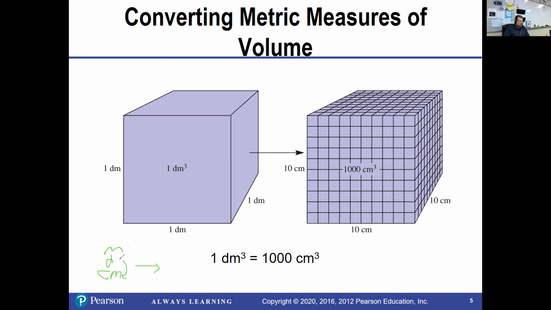One place linear is 1 decimal place, but in volume, it's cubed. So instead of 1 going down, every 1 space you go down, you actually go down 3. So you move the decimal over 3 places, and I get 1,000. Remember, if I'm going to a smaller unit, I'm going to the right with my decimal. Bigger unit, I'm going to the left with my decimal.